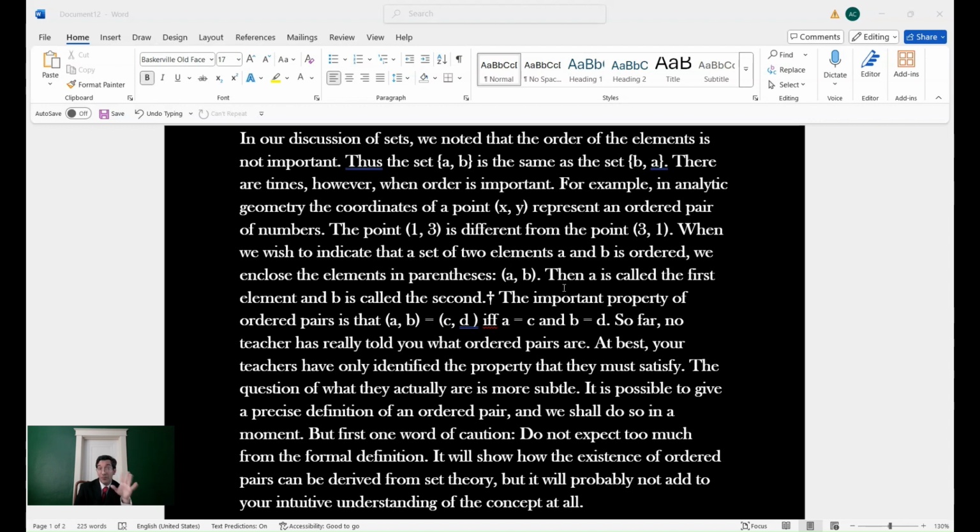But in this context, we're not talking about open intervals. So we also have ordered pairs that are governed by a simple but inviolable law. The ordered pair (A, B) is equal to (C, D) if and only if A is equal to C and B is equal to D.